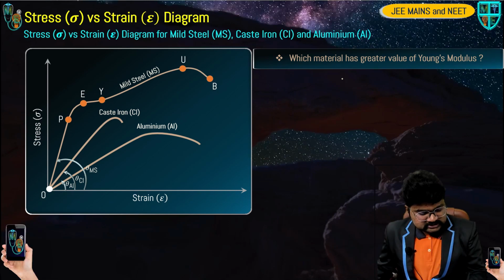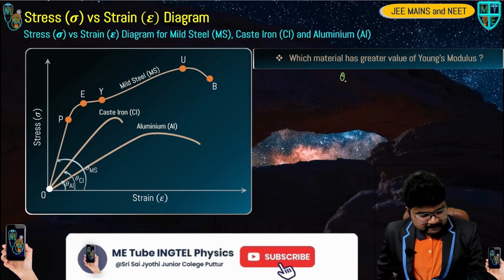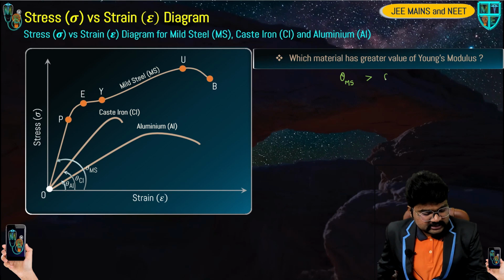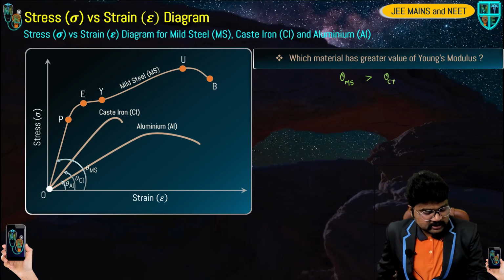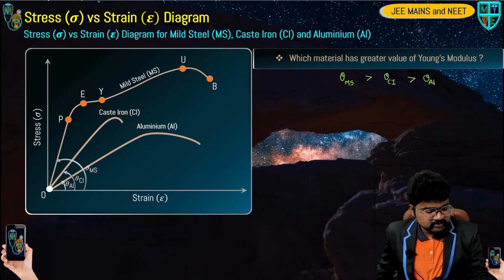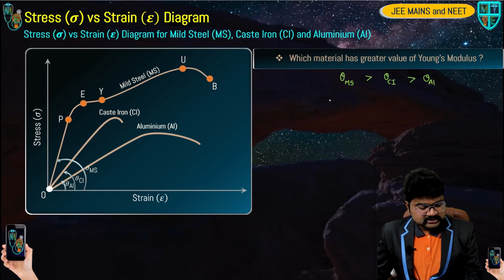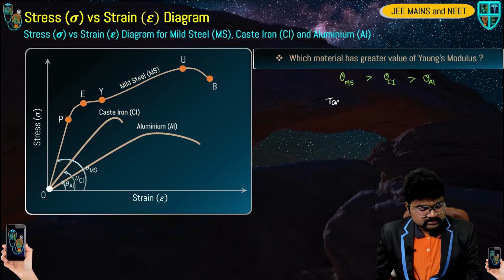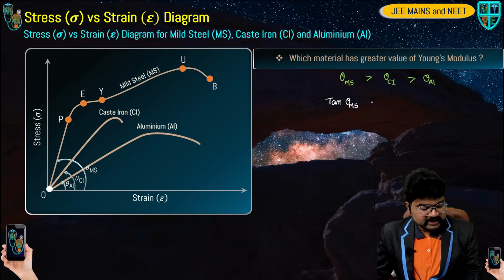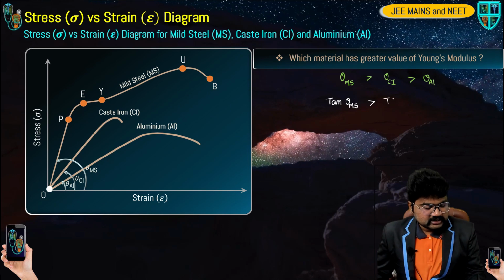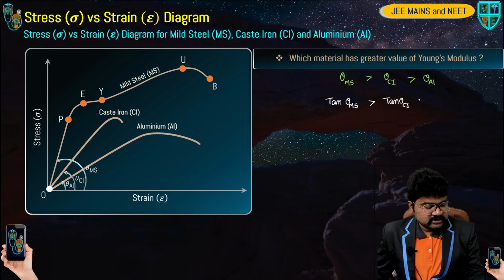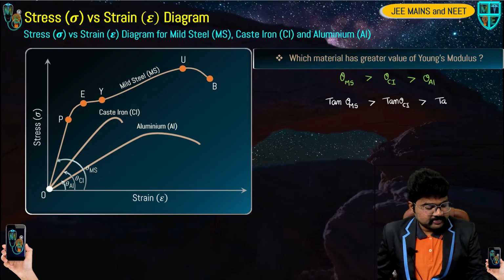Here you can write theta mild steel will be greater than theta cast iron and theta aluminium. You can apply tan here. Tan theta mild steel is greater than tan theta cast iron.